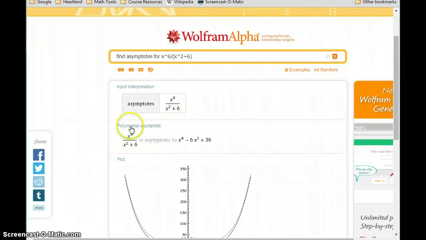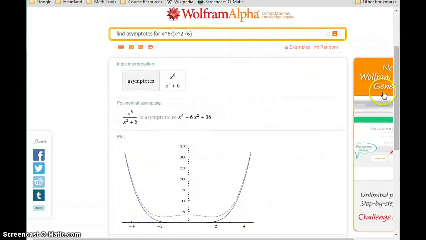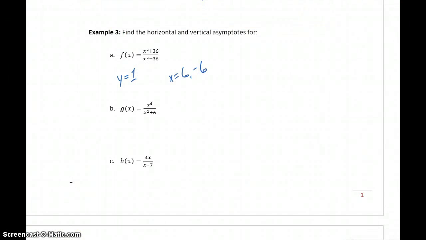In this case, we get some information about a polynomial asymptote. We're only interested in horizontal and vertical asymptotes. So even though this is giving us this information about an asymptote, it's not a type of asymptote that we're covering in this class or that we're interested in. So for this type of question, we would just say that none exist. There are no horizontal or vertical asymptotes for this problem.